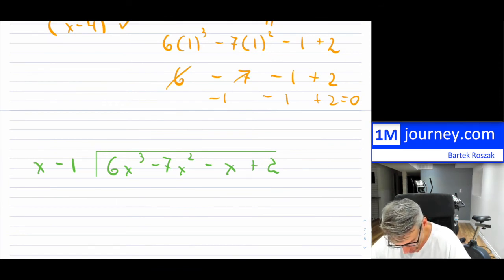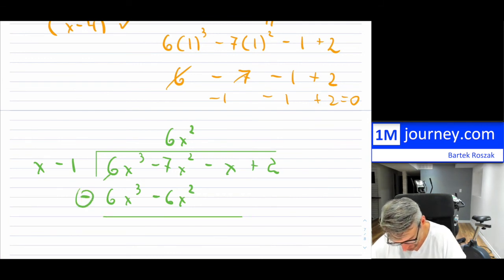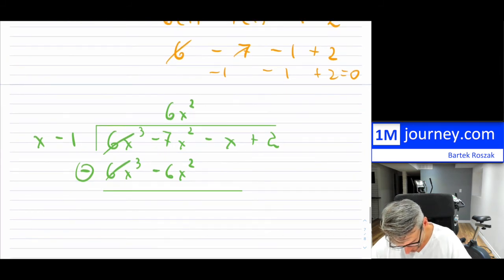Okay, so it's going to be 6x squared, I guess. So 6x cubed minus 6x squared. Oh, this one is so much nicer than the previous one. And so for negative 7, it's going to be negative x squared. Let's bring this down. Now to get rid of that, so minus x.